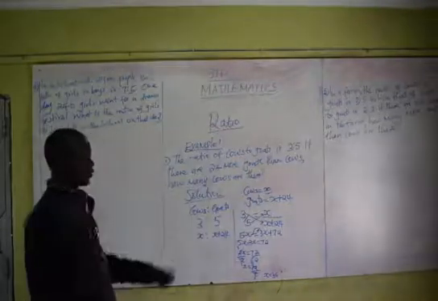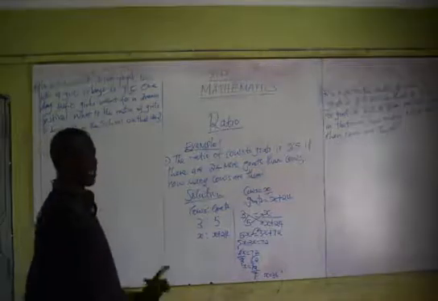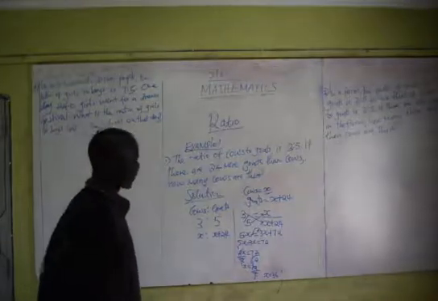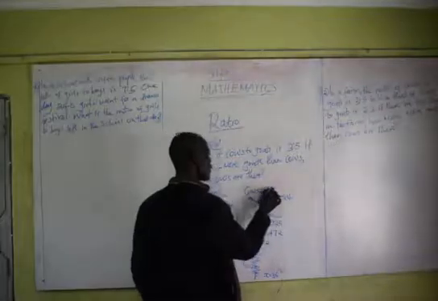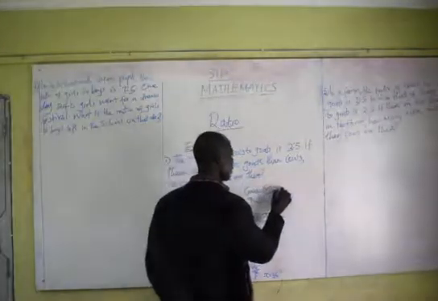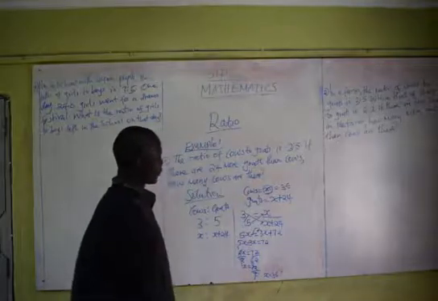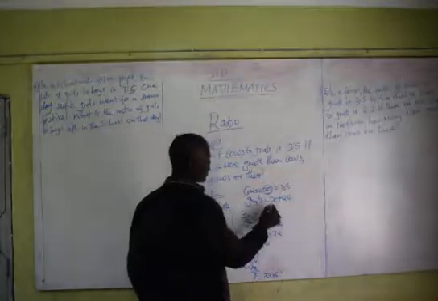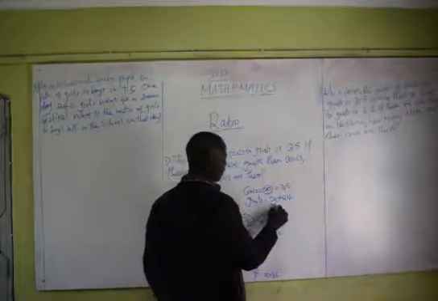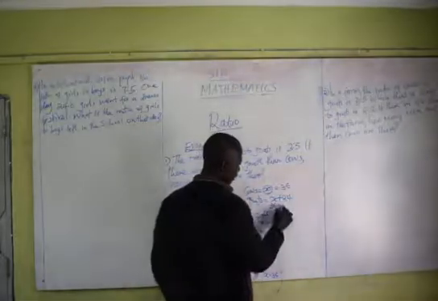Now let us come back to the expressions, where there is x, we put in 36. So the number of cows was x, that means the number of cows was 36. And the number of goats was x plus 24, which is 36 plus 24.